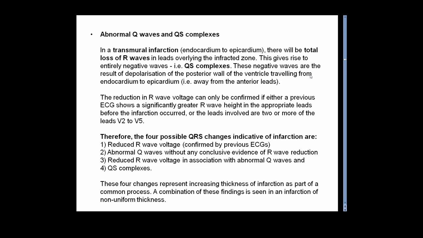Third, reduced R wave voltage in association with abnormal Q wave. And fourth, QS complexes. These four changes represent increasing thickness of infarction as part of a common process. A combination of these findings is seen in an infarction of non-uniform thickness.